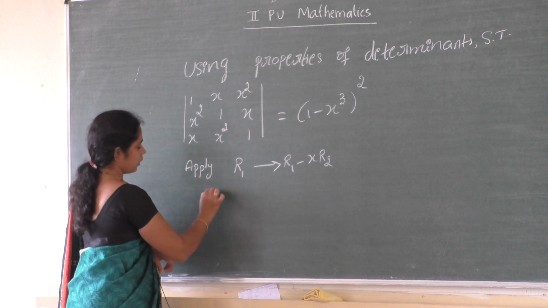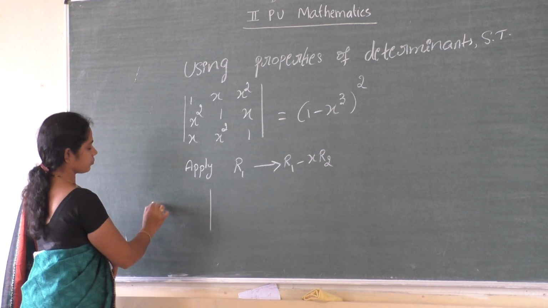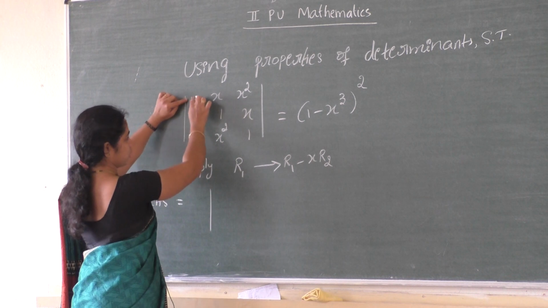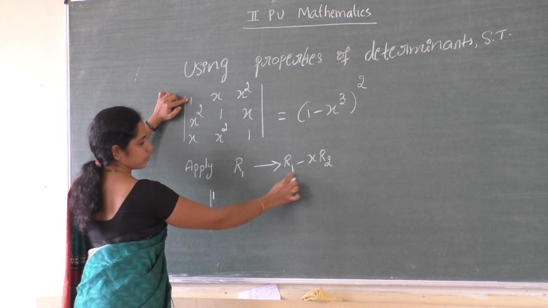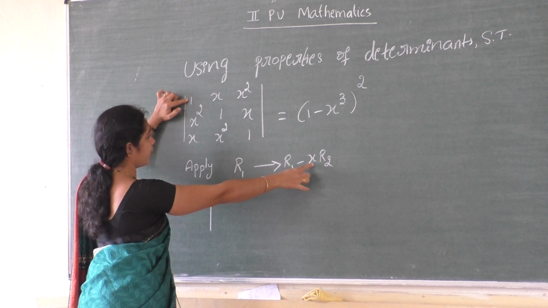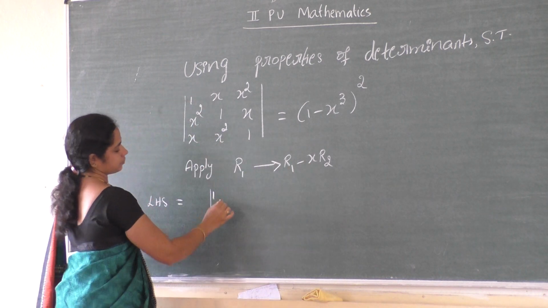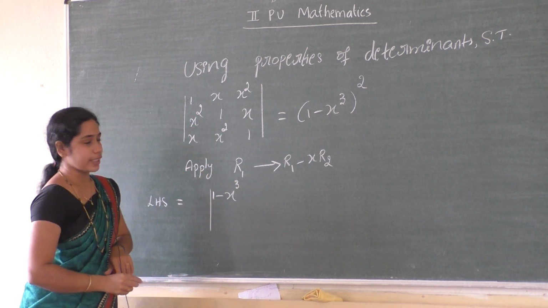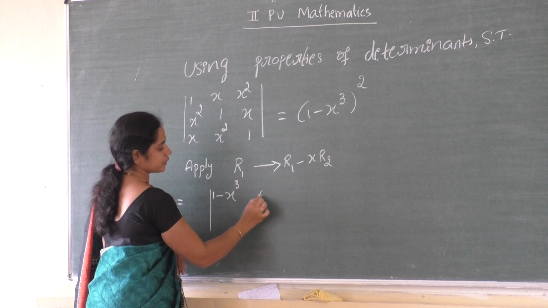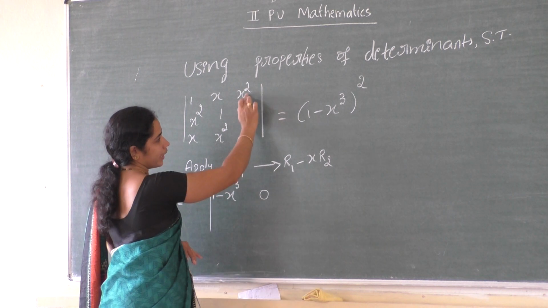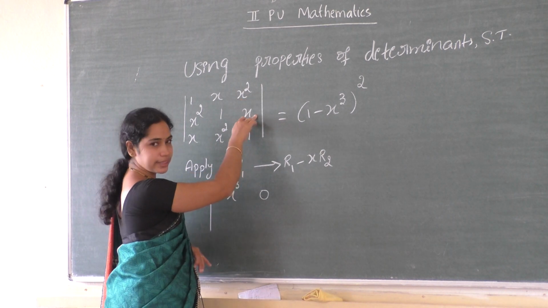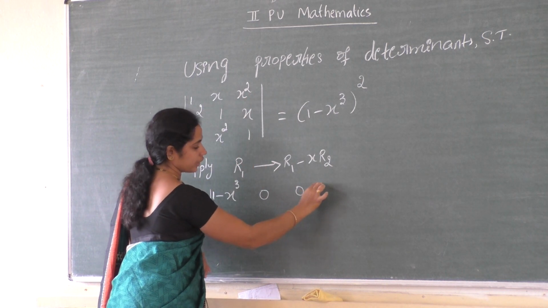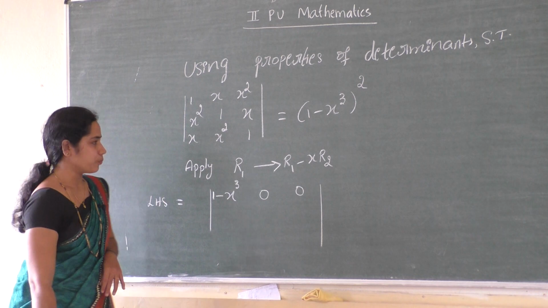Now LHS equal to first row R1 minus x into R2: 1 minus x into x square is 1 minus x cube, x minus x is 0, x square minus x into x, x square minus x square, that is also 0.